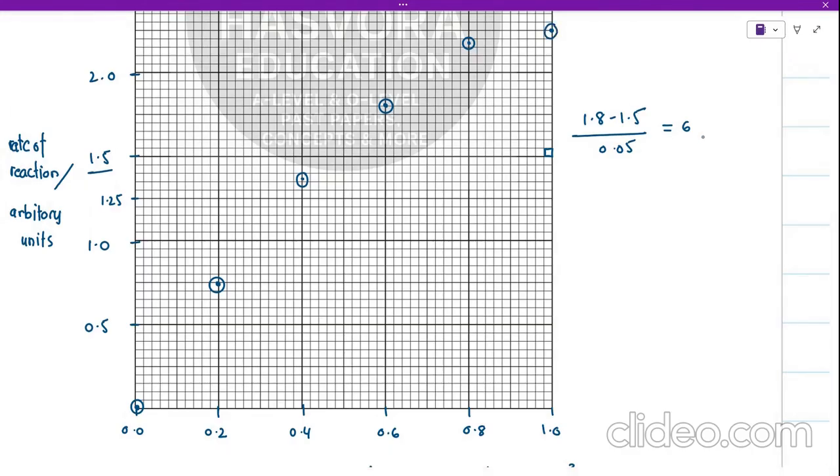So this will be the last point here. Now I'm going to join all these points with straight lines. One straight line from here to here, and another from here to here. This is the second straight line, this is the third straight line, the fourth one, and the fifth one.